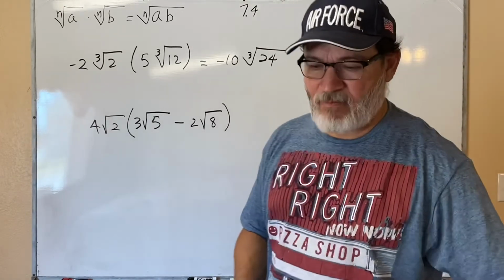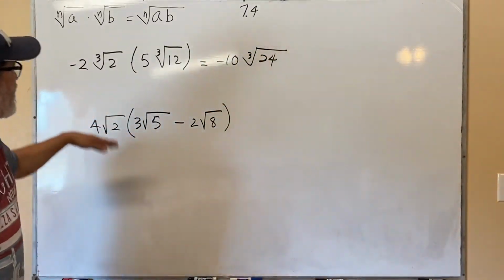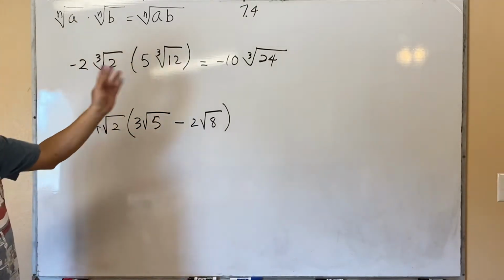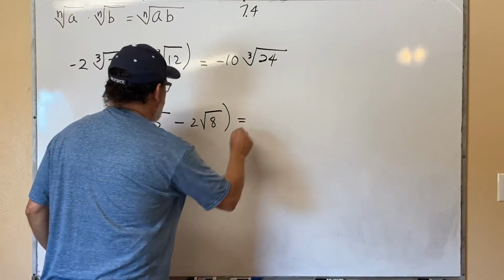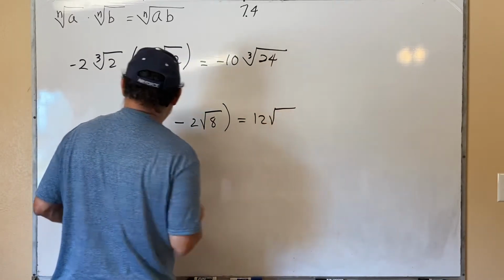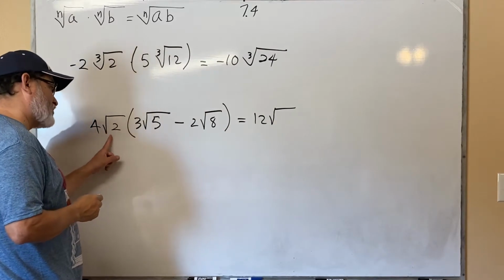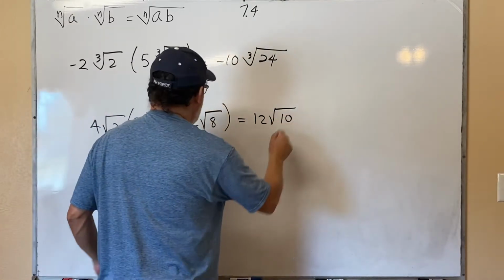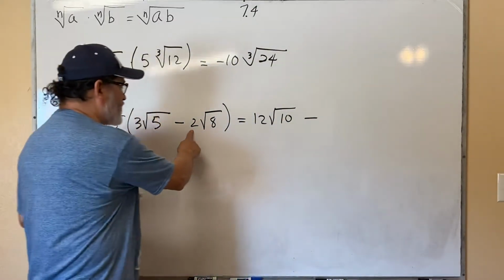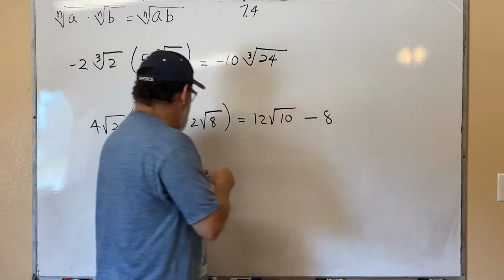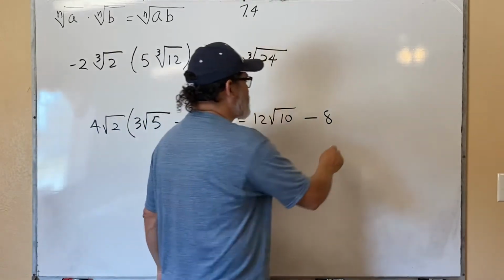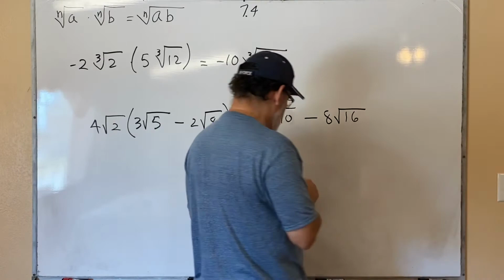And so, let's multiply by distribution, and we're going to apply the rule. So by distribution, I'm going to get, this 4 times the 3 is 12, the square root of what? 2 times the 5. The square root of 2 times the square root of 5 is the square root of 10. Minus. 4 times the 2 is 8. And the square root of 2 times the square root of 8 is the square root of 16.